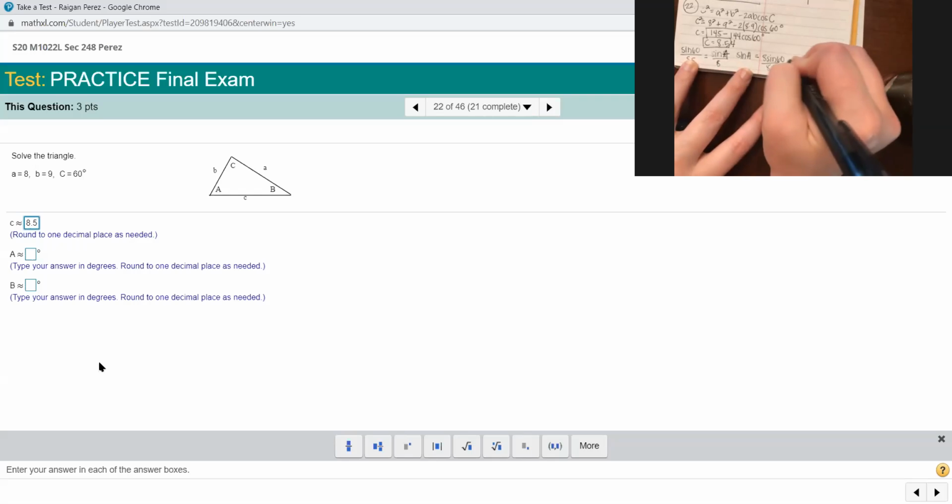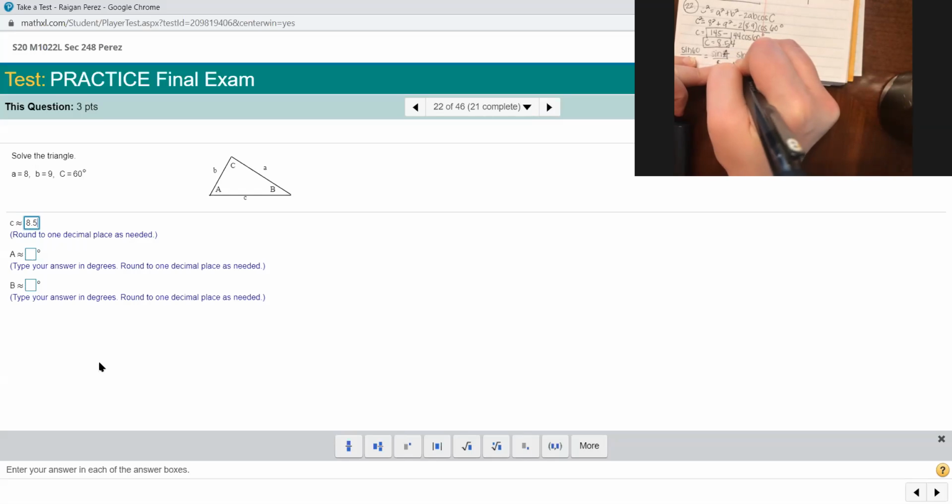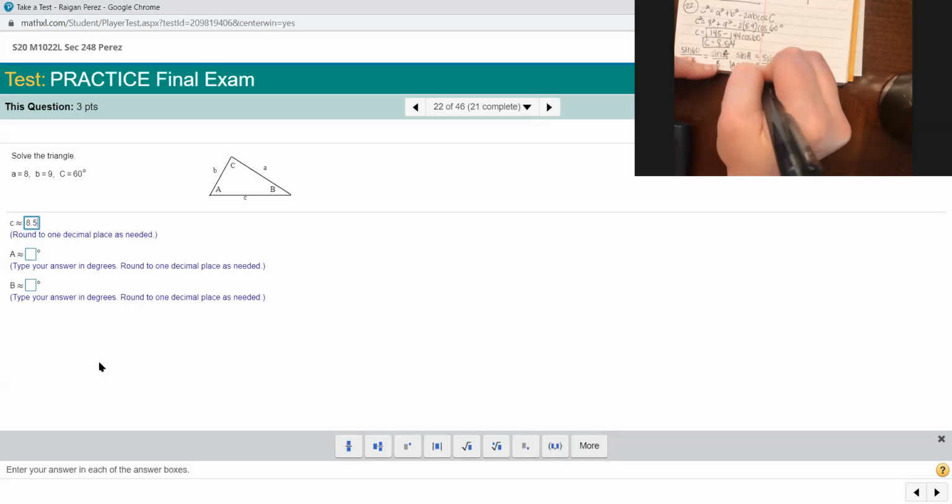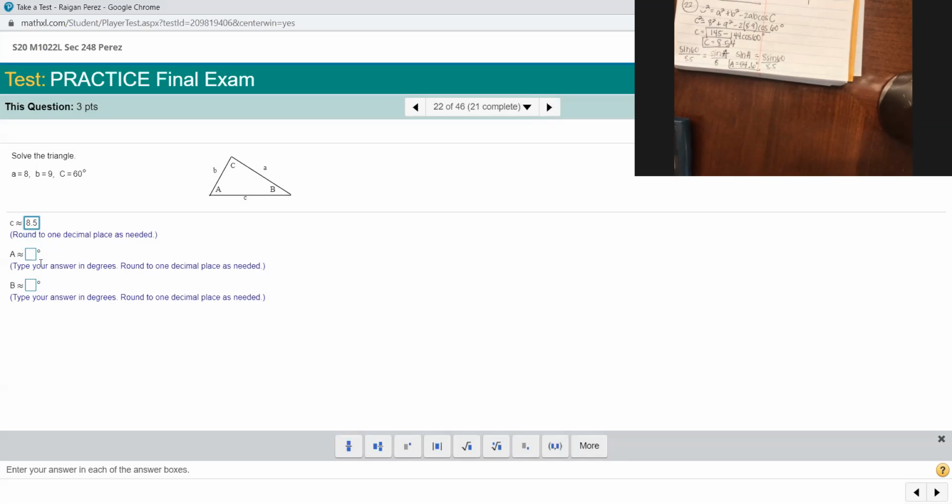And I got that A is equal to 54.6 degrees. Okay, and then for B, we can just subtract 180 minus 54.6 minus 60 is 65.4.